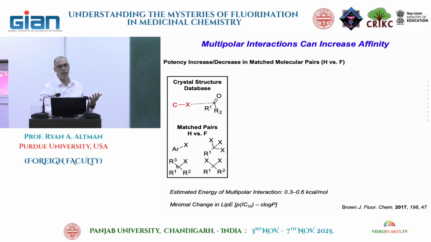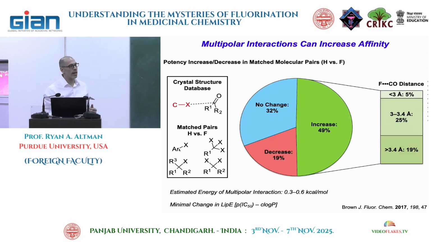So that's what we're looking at in matched pairs. These types of substructures, and we're going to compare the affinity of the drug for the target as a function of H versus F. And in this analysis, you get an increase in potency at the target 50% of the time.